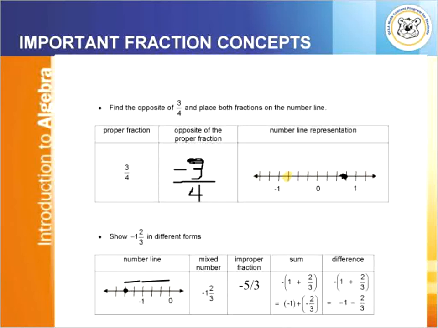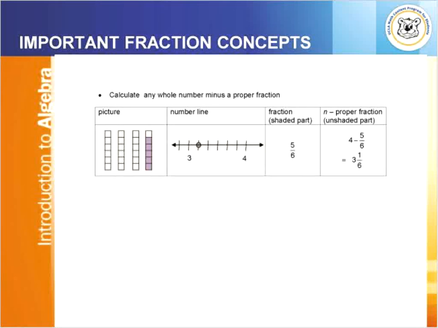I acknowledge up front this is tricky, but I also acknowledge up front that if we can begin to develop this idea of how to take the opposite of the sum in our algebra readiness classes, students are going to be much better prepared for algebra, and after all, that is one of our major goals.